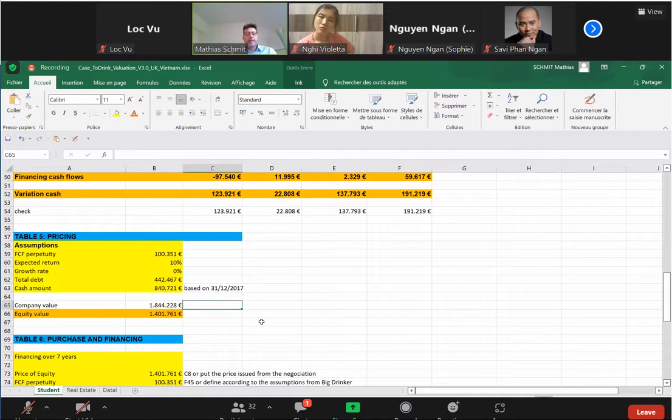So this is the value, which is the free cash flows divided by R minus the growth rate, if there is a growth rate. Plus the cash that you have to take into account.